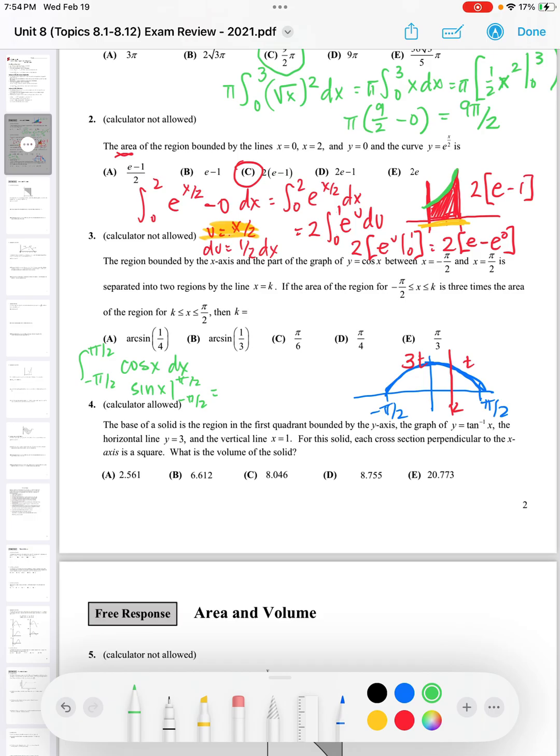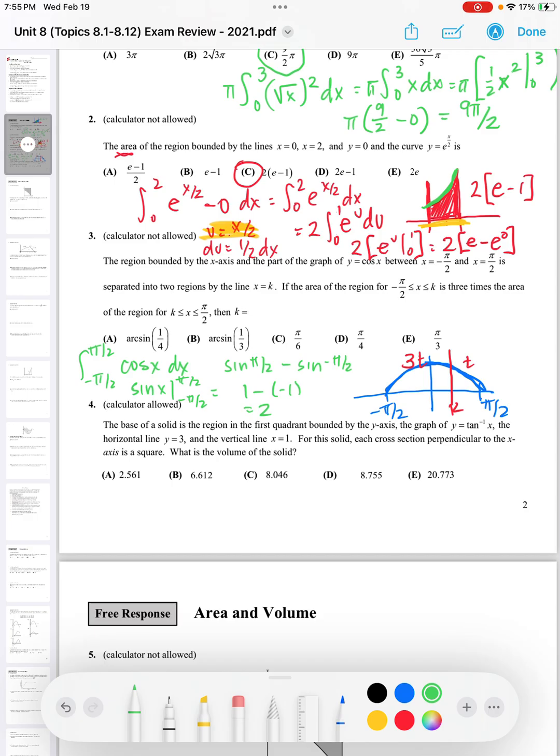So plugging in f of b is sine of pi over 2 minus plugging in the sine of negative pi over 2. Now my sine at pi over 2 is 1, and my sine at negative pi over 2 is negative 1. So the area of this whole graph right here is going to end up being 2.